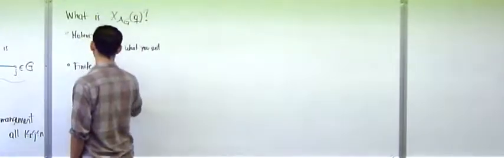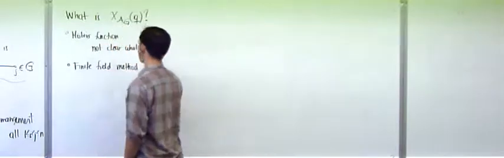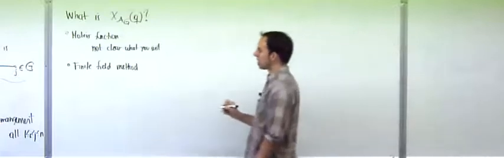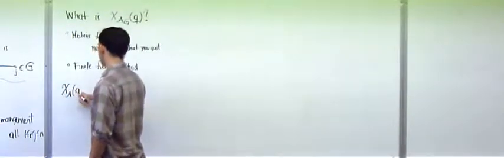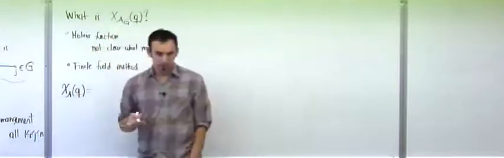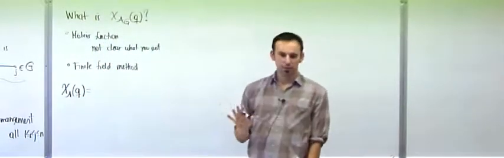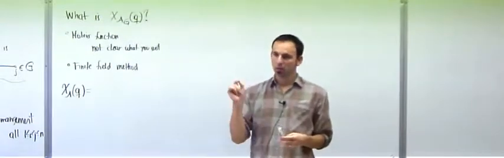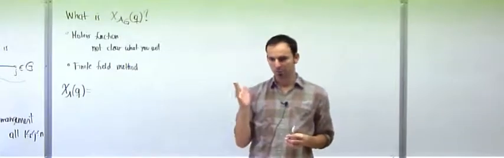Now let's see what the finite field method tells us. That's our second alternative. So what does the finite field method tell us? It says, okay, pretend that you don't live in R^n, pretend that you live in F_q^n. So now the coordinates are not going to be real numbers. They're going to be numbers between 0 and q minus 1.